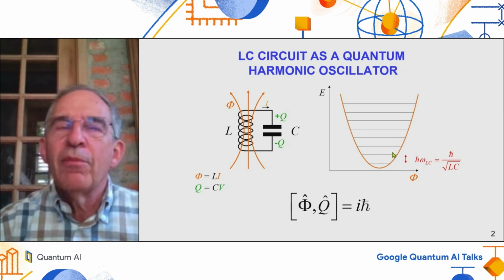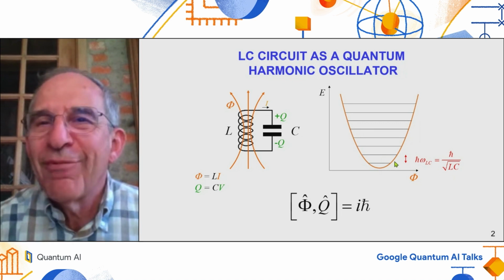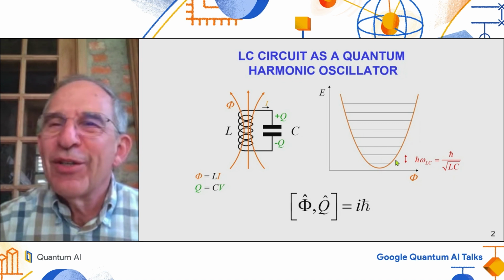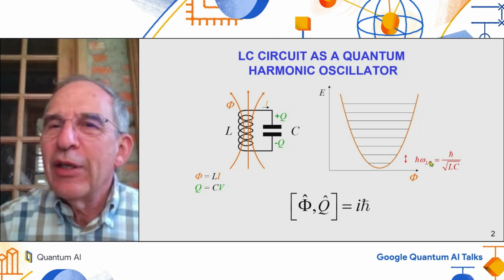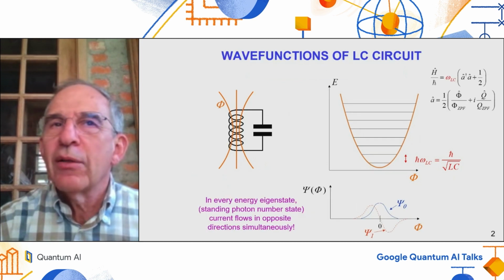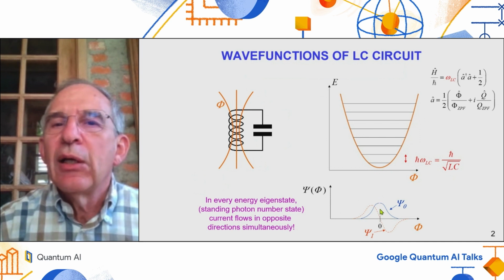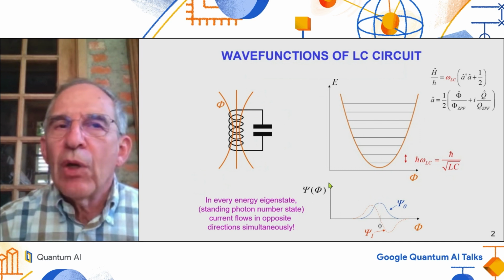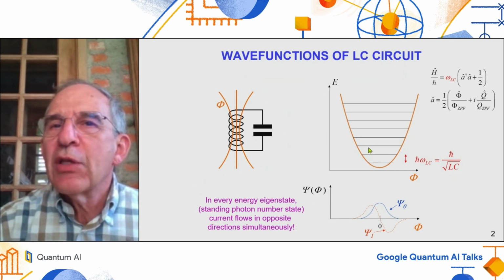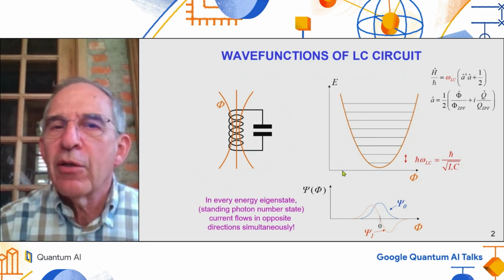So instead of having a transition fixed by God-given fundamental constants, here we have just engineerable parameters for this quantum circuit. And like all harmonic oscillators, this circuit has wave functions, and interestingly, as plotted at the bottom here, for each of the eigenstates of the harmonic oscillator, you have superpositions of currents flowing in both directions for the circuit.